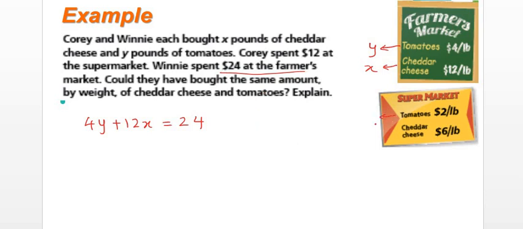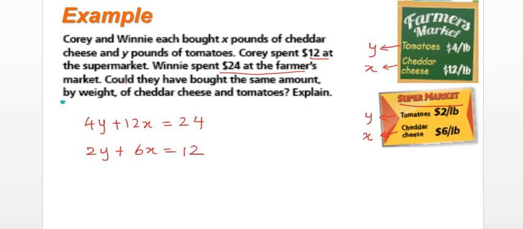Here the tomatoes have the variable y, and the cheddar cheese has the variable x. So how can we make the equation? Because this one says each pound, that's why we are multiplying this number with the y and this number with the x. So it will become 2y plus 6x equals, now how much was spent, total spent at the supermarket? It was $12 at the supermarket. So these are the two equations.